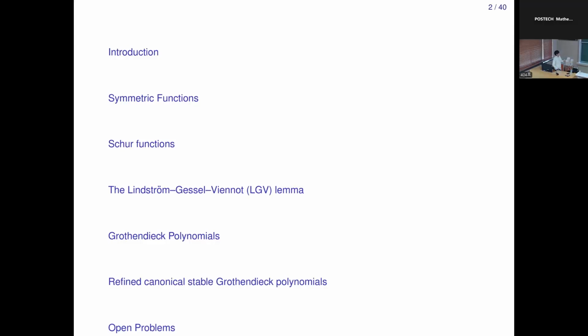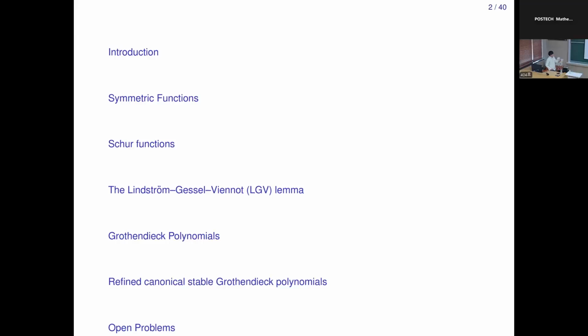There are many symmetric functions, but we will be focusing on one class called Schur functions. These Schur functions have many interesting combinatorial properties, and we will be focusing on one of them called the Jacobi-Trudi formula, and I'm going to show you how to prove that theorem using what's called the LGV lemma.